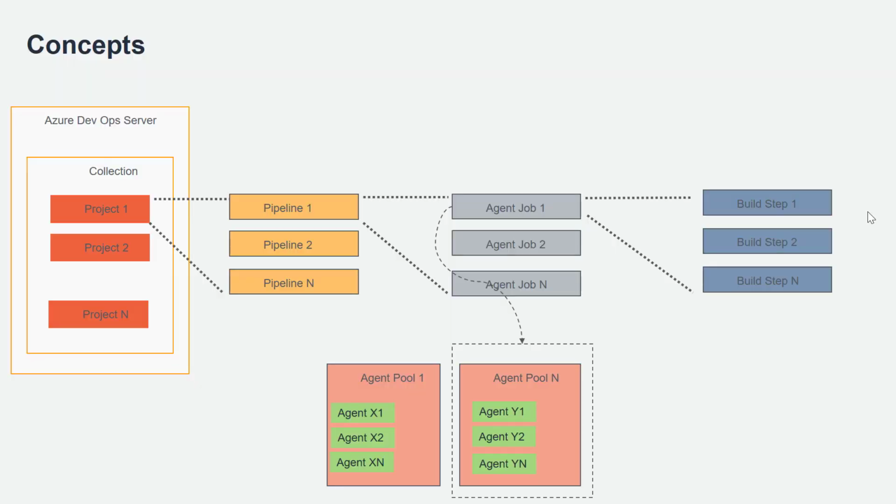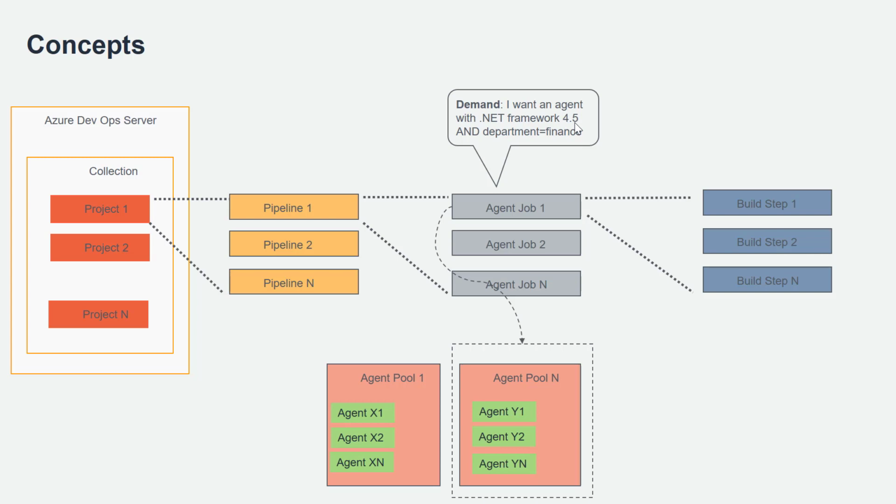Let's say agent job 1 has some build steps that need to have .NET Framework 4.5 installed. Let's say this is a build task that wants .NET Framework 4.5.